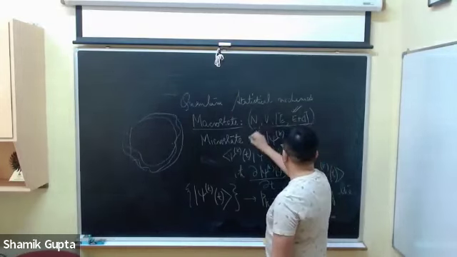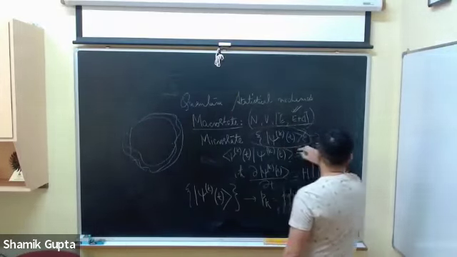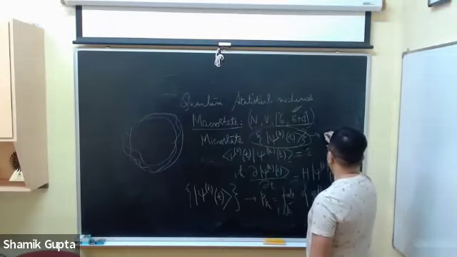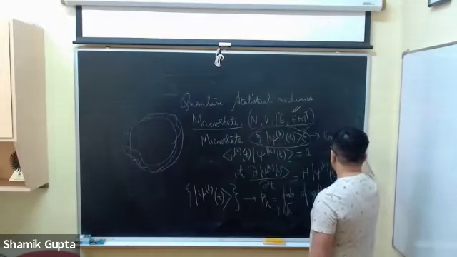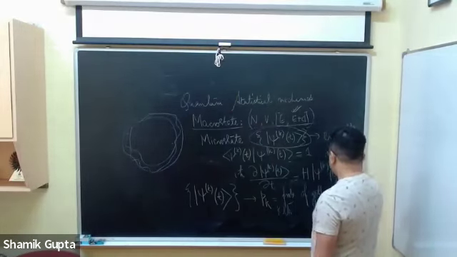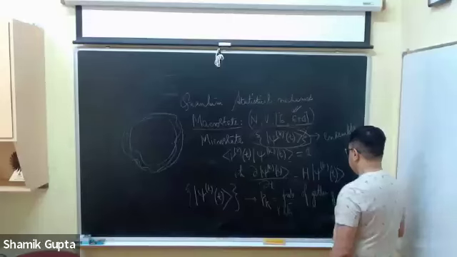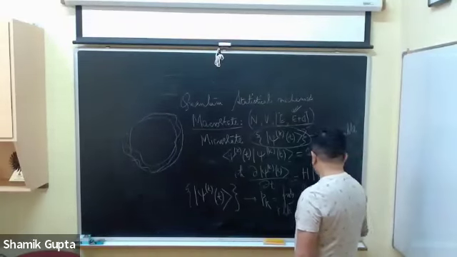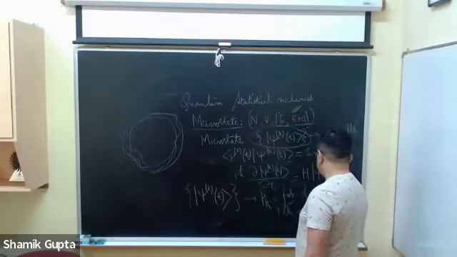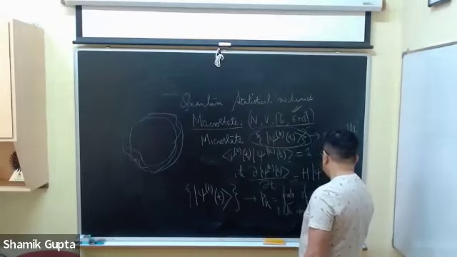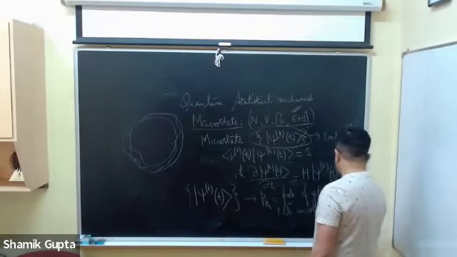Remember that these microstates constitute the ensemble of the system. So in this ensemble, I define pk to be the probability of getting the kth microstate in the ensemble.